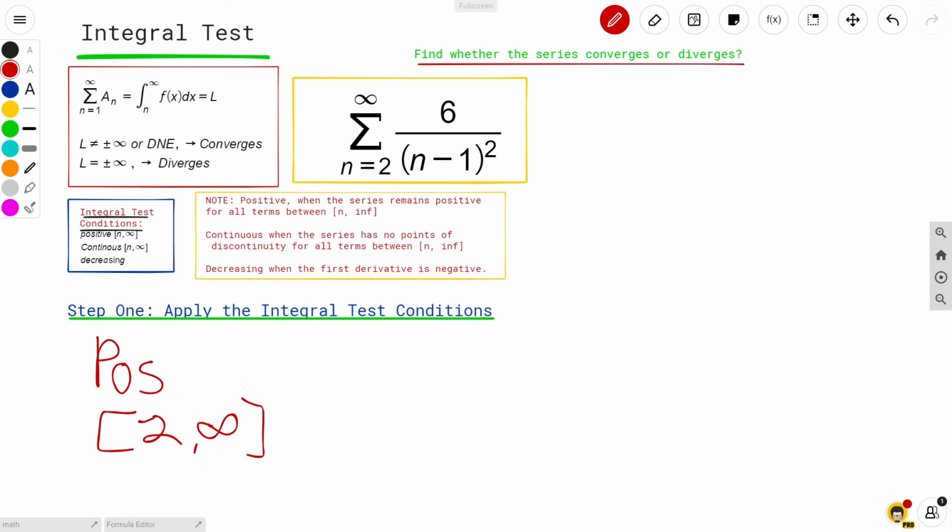That's a good question. At no point, because the denominator is a square root, so 6 of n to anything.